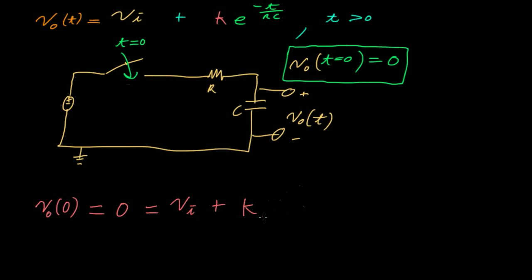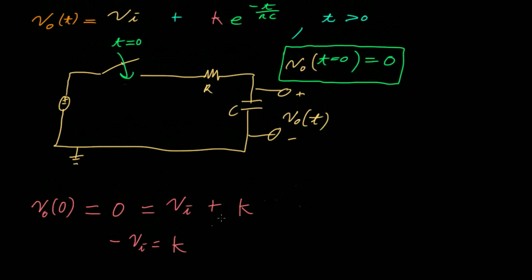And now for the very last step to solve for k, we know that if we subtract Vi from both sides, minus Vi is going to be equal to the constant k that we are looking for. So now we have our final answer for this differential equation.